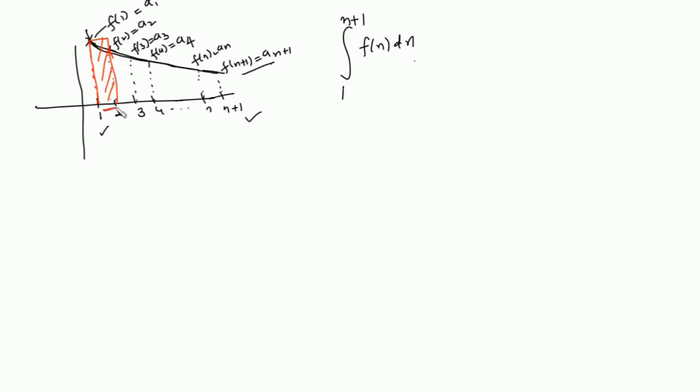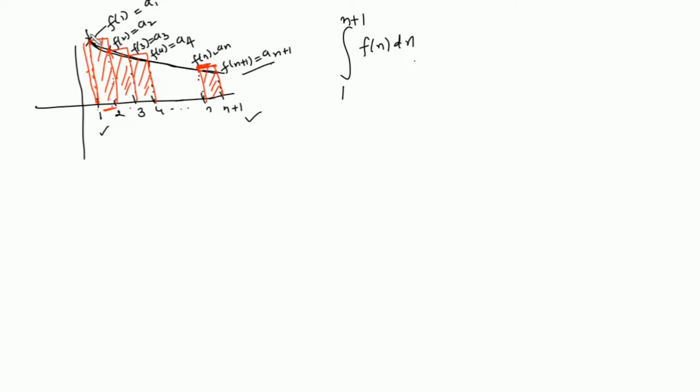This is 1 into a1. So the area of the first rectangle is 1 into a1. Area of the second rectangle is 1 into a2. Area of the third rectangle is 1 into a3, and so on. Area of this last rectangle is 1 into an, right?